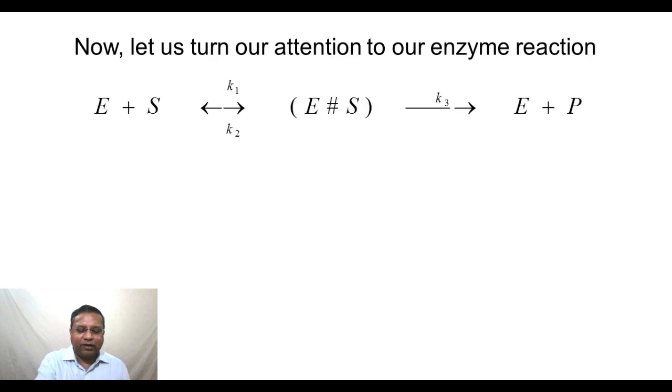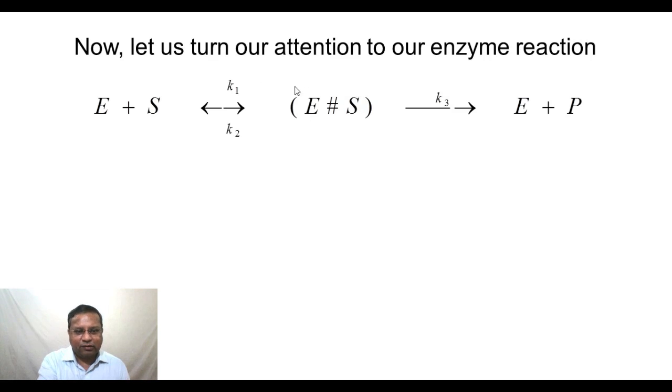One of the simplest mechanisms that has wide acceptance for simple enzymatic reactions is as follows. If E is the enzyme which converts substrate S to product P, the mechanism considered here is that the enzyme reacts with the substrate in a reversible fashion. The rate constant of the forward reaction is k1, the backward reaction is k2. This is a reversible reaction to form an enzyme substrate complex.